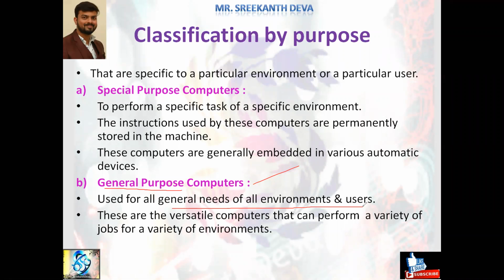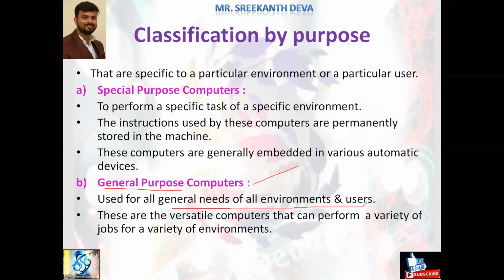So this is the best example of purpose wise computers: special purpose computers and general purpose computers. General purpose computers are all versatile computers, because they execute a variety of jobs for a variety of environments.